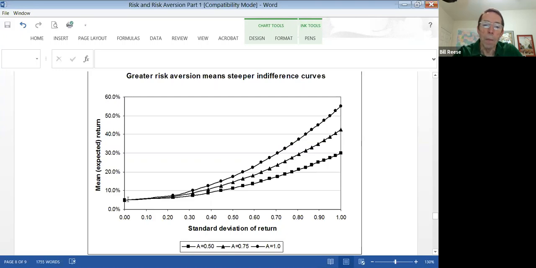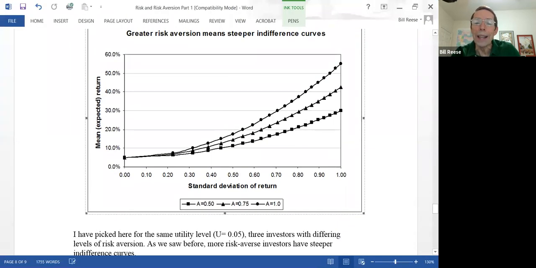They are willing to take on standard deviation without requiring a lot of additional expected return. The one with the circles, they require more expected return for taking on some standard deviation.